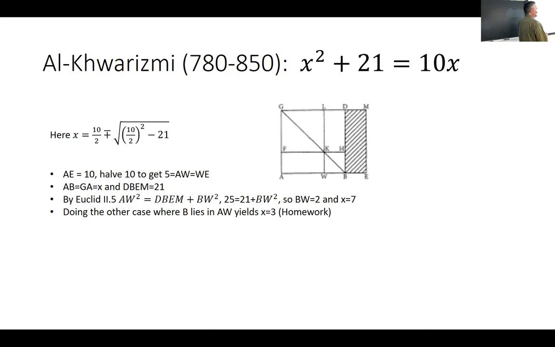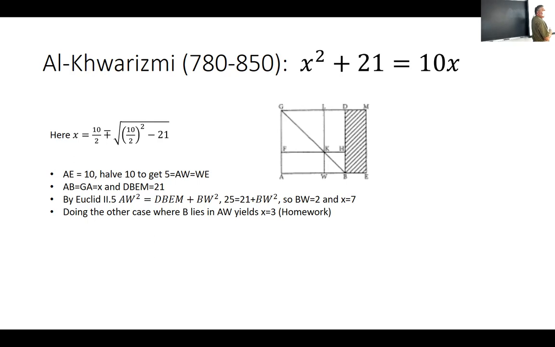Okay? And so this is using Euclid 2.5. So what does it say? It says AE equals 10. So this is our interval, it's 10. So the number of roots becomes our interval that we deal with. So if this is a different number, you put that number here for AE. You halve 10 to get 5, right?